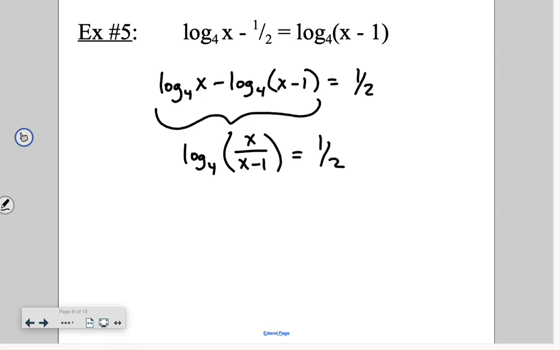We can combine 2 logs into 1. You can use one of our properties. And now, we've got the log by itself, so now we're ready to switch forms. Starting at the base, 4 to the 1/2 power is equal to our argument, which in this case is x over x minus 1.